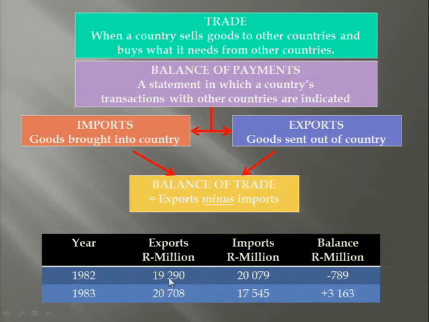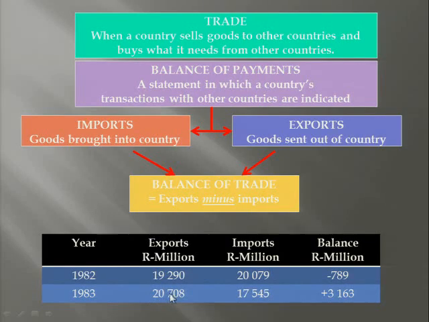The amount of exports equaled 19.2 million. Can you see that? In 1982, the imports were 20 million. Now, what is the balance of trade? It was minus 789 million.